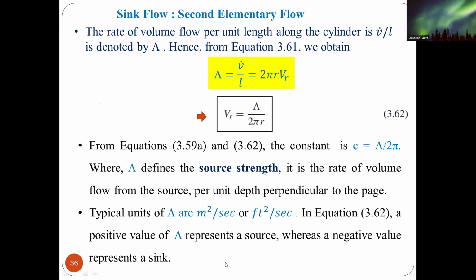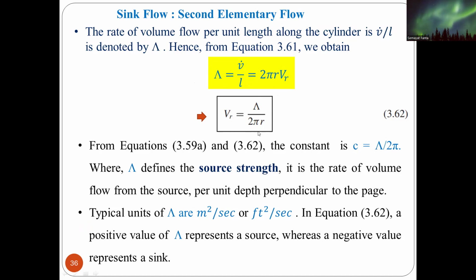The rate of volume flow per unit length along the cylinder is V dot over L, and it is denoted by source strength. This is the definition of source strength: source strength equals V dot over L, which is 2 pi r Vr. Therefore, the radial velocity is the source strength divided by 2 pi r.